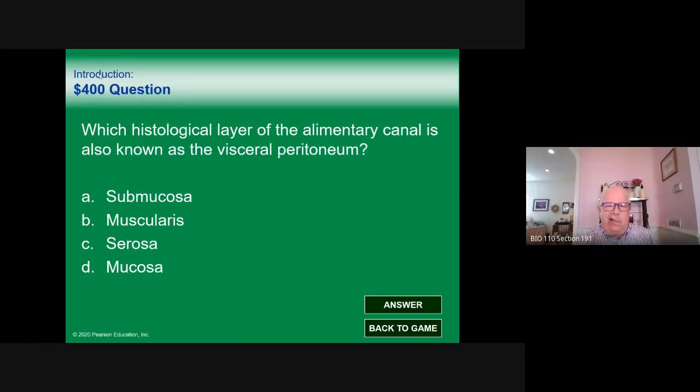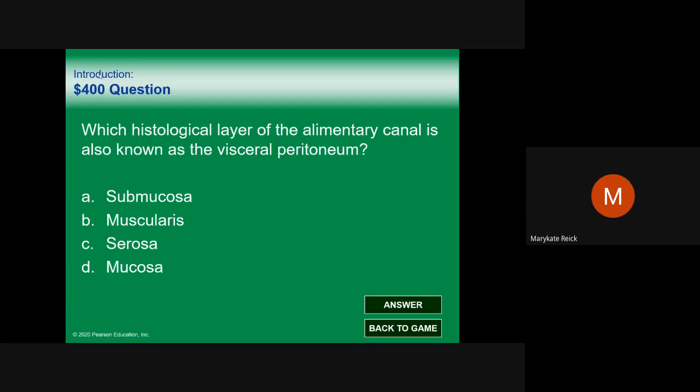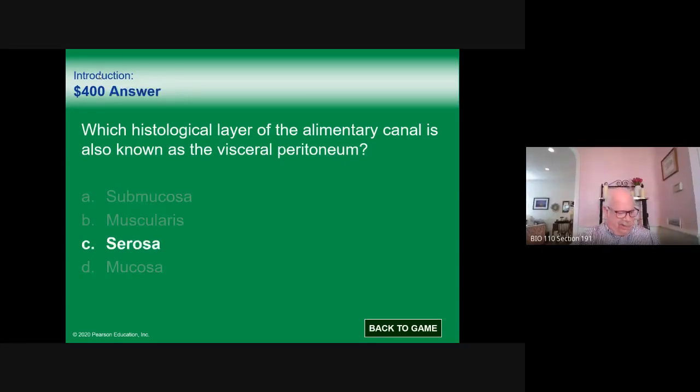Which histological layer of the alimentary canal is known as the visceral peritoneum? What you have to know here, Mary Kate, is what type of membrane is the visceral peritoneum? Is it C, serosa? You are correct. It is serosa. Very good.